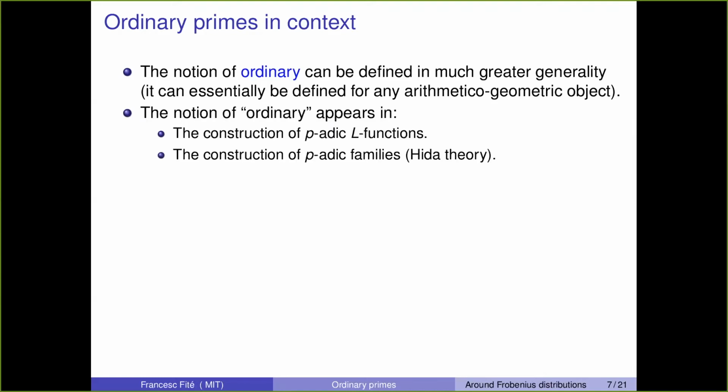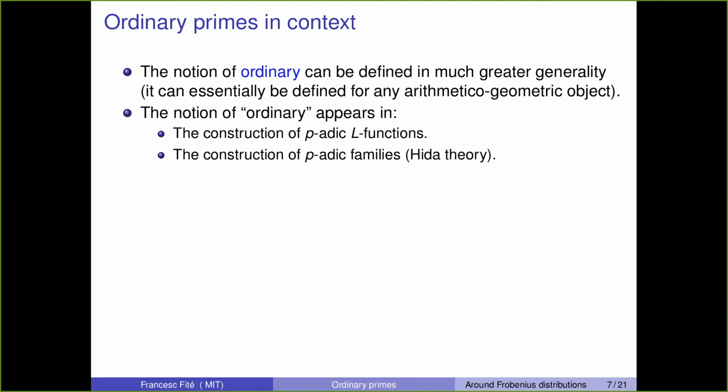And the second comment I want to make is that some sort of ordinary hypothesis is something that you encounter often in number theory. So just to give you two random examples, I don't have any pretension to give an exhaustive list here.